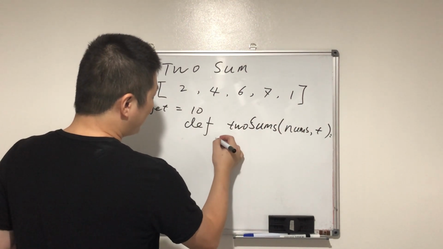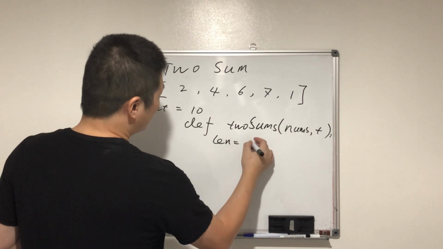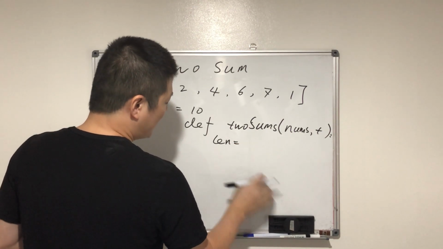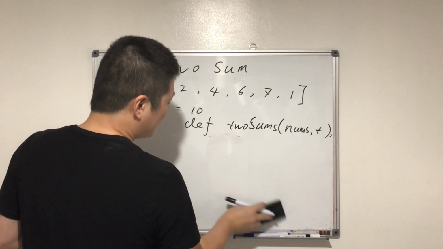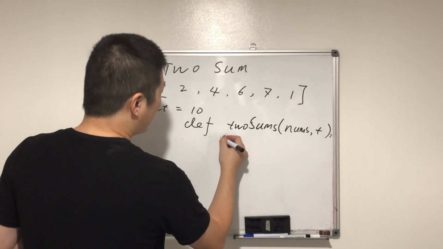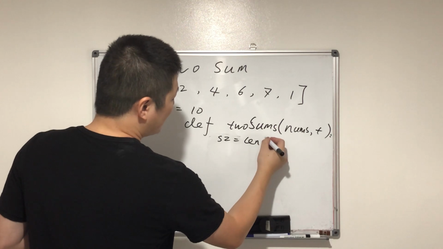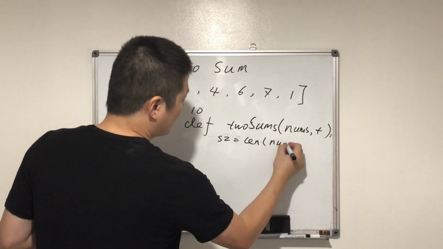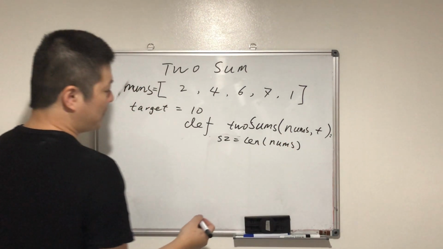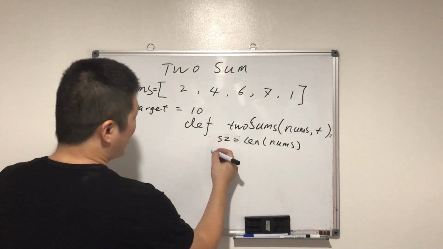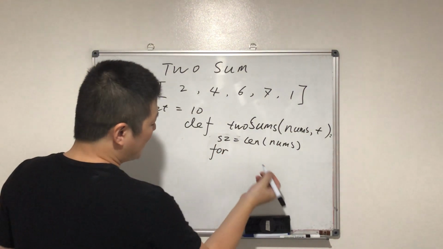Let's say we first get the length. Let's call it size equals len of nums. Now we just need to check, right? That's one solution.